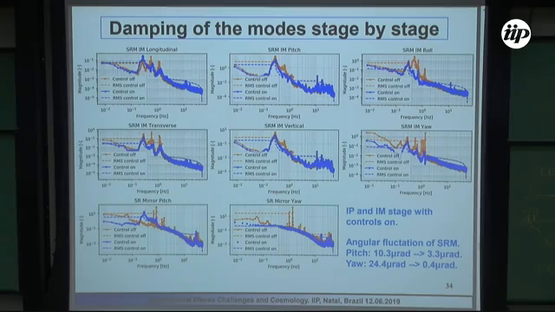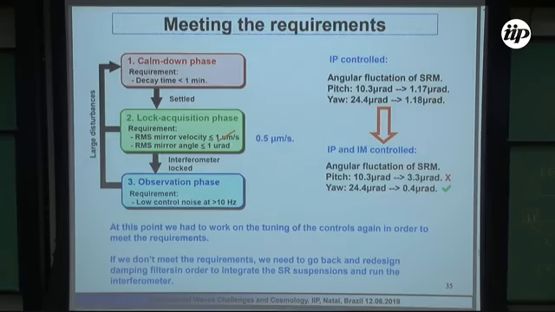But if we close the inverted pendulum plus the intermediate mass control loops, we go from the initial 10 microradians to 3.3. So we are injecting some motion, exciting some motion of the mirror with these controls. It could be only sensor noise, but let's say this one is 0.4 microradian.